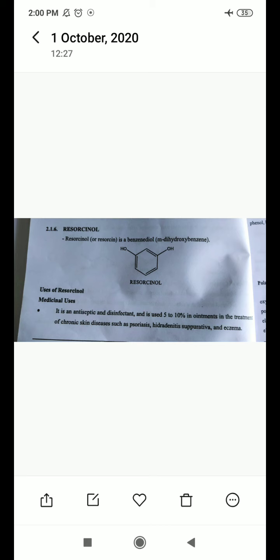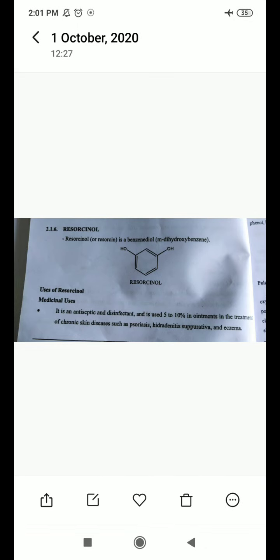Why does resorcinol have both categories? Because in the antiseptic category or disinfectant category, we use different concentrations of this particular chemical, so the activity is different. Sometimes it is antiseptic, sometimes it is disinfectant.